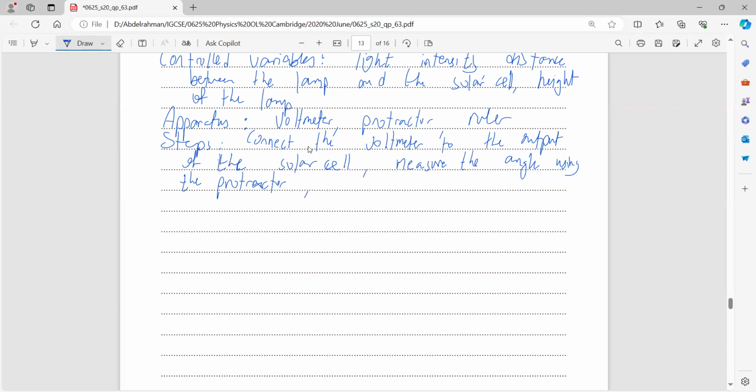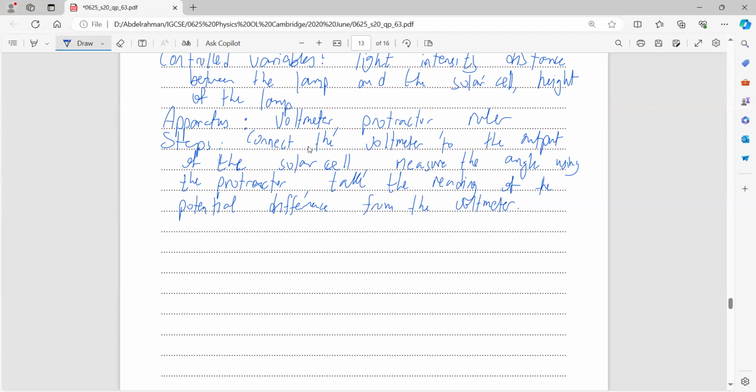Then measure or take the reading of the voltage. Do we keep the light intensity constant? We keep it the same, it's the same bulb. Okay. Take the reading of the potential difference from the voltmeter.